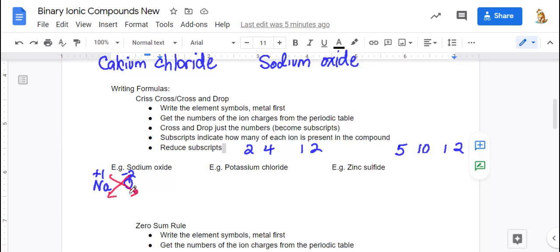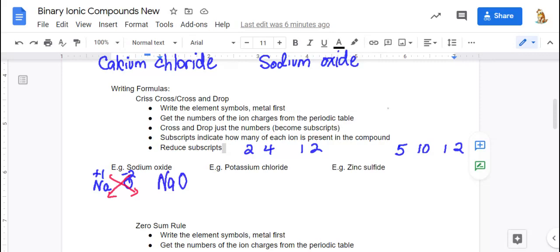Ones, they still cross and drop, but we don't write ones usually. Chemists are efficient, so we don't write a number that doesn't need to be written. 1, just the element symbol indicates that it's there. So if there's no number associated with it, we know that that number is 1.